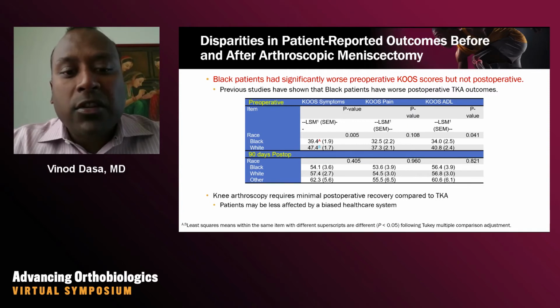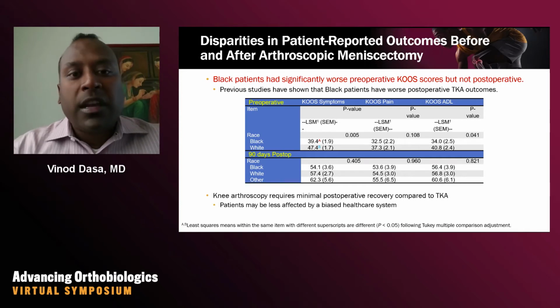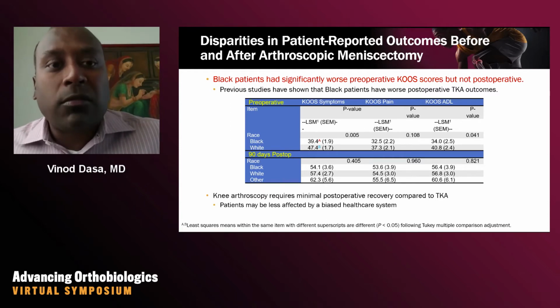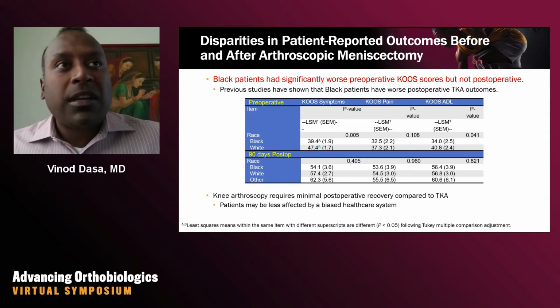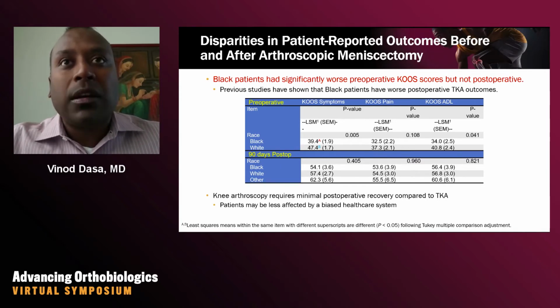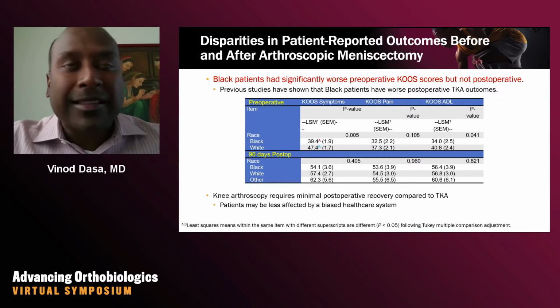Our non-white patients actually caught up to the white patients 90 days after their knee scope. In other words, they were different going into surgery, but the surgery equalized and normalized the relationship between white and non-white patients. So there was an access issue, but when given access, the patients were able to perform at the same level.